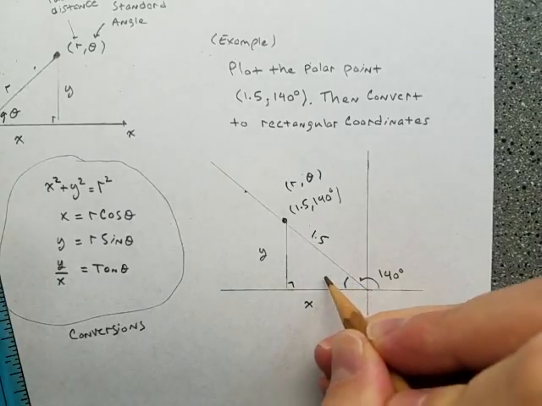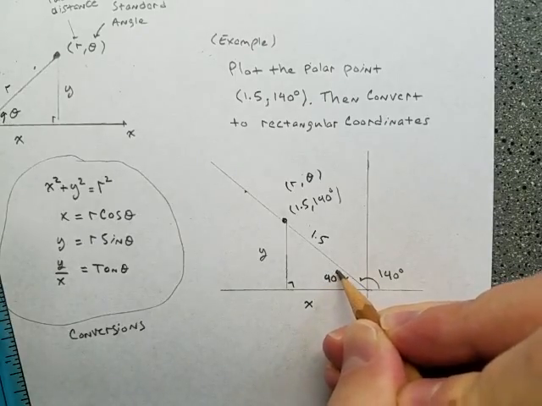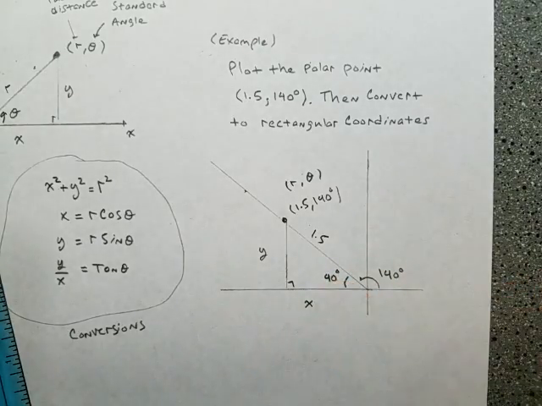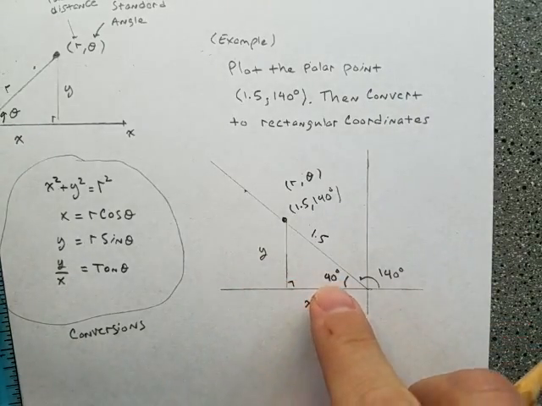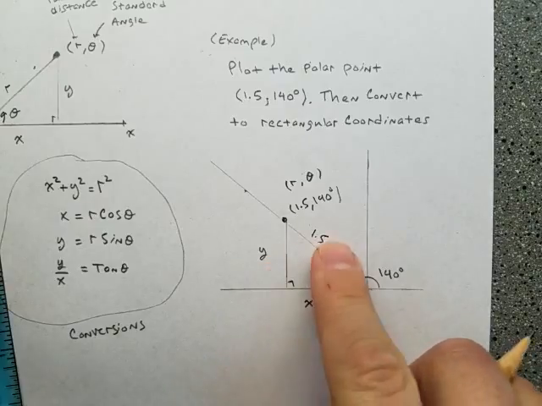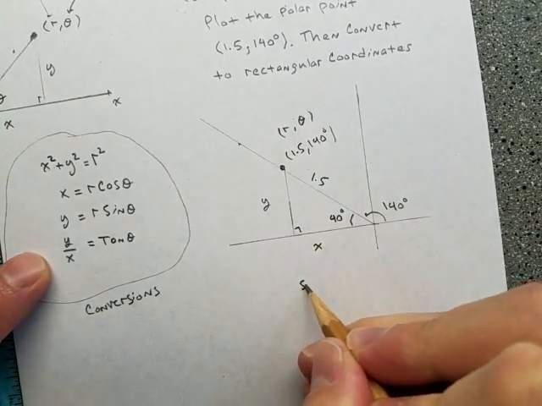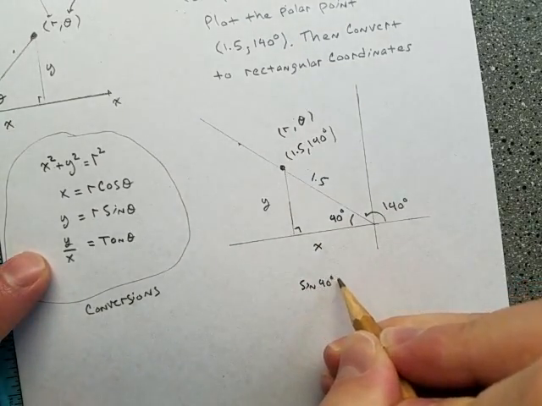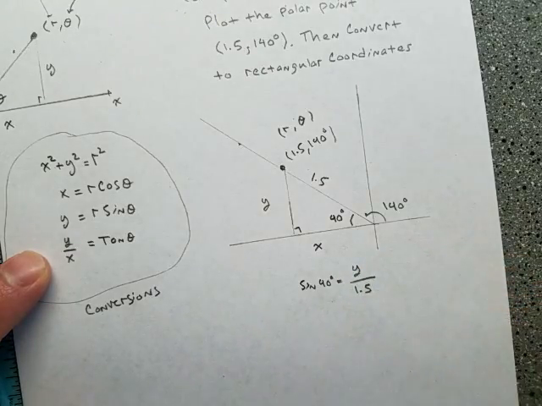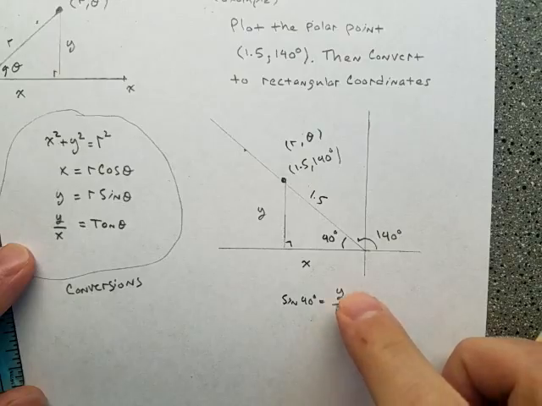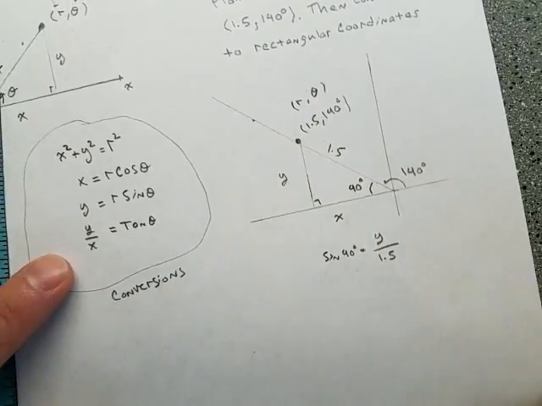What's this angle? That's 40 degrees. So we can do things based on that. We can say this triangle here will be true. Sine of 40 is y over 1.5. And that makes y equal to 1.5 sine 40.